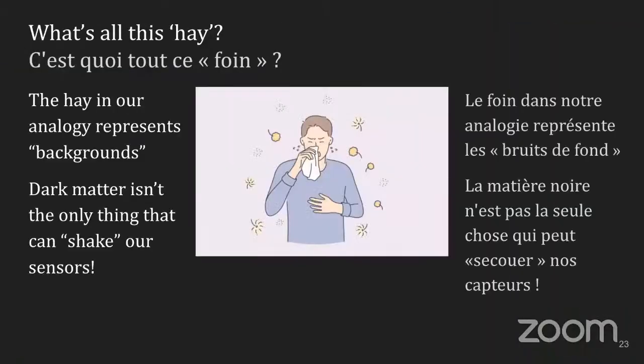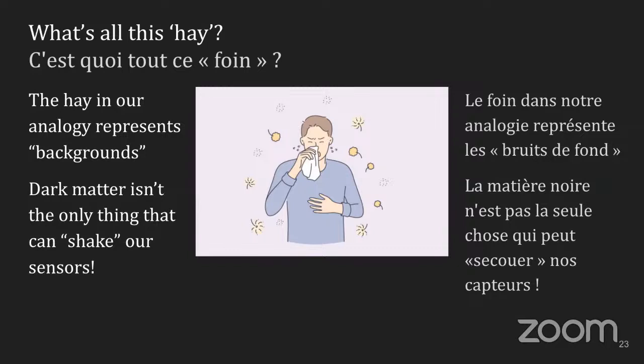So you may be asking yourself now, okay, well, what is all the hay? Why do we have so much other stuff? And the thing you have to consider is that dark matter isn't the only thing that can shake our sensors. So we build these sensors, we make them very sensitive so we can see these tiny little kicks from dark matter particles. Unfortunately, lots of other things can also do the same thing.